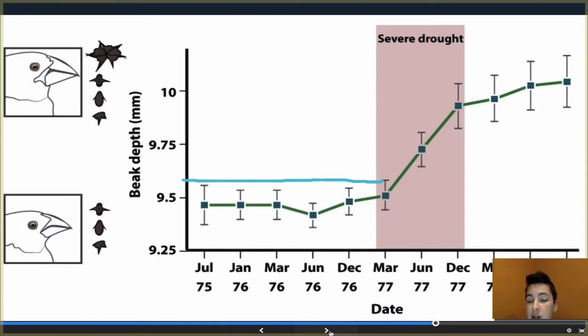So the beak size got considerably larger in a short period of time, and that leads to the birds down the line having larger beaks. So we can see within a couple of years that the larger beaks were being selected for.